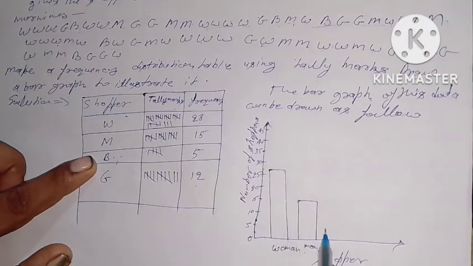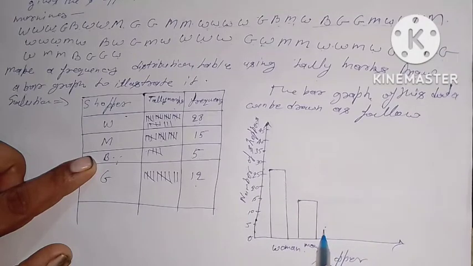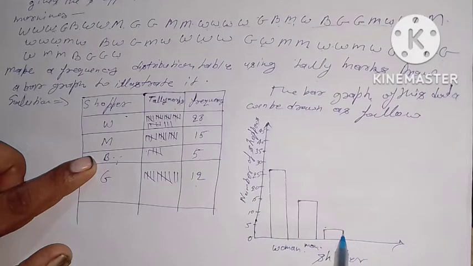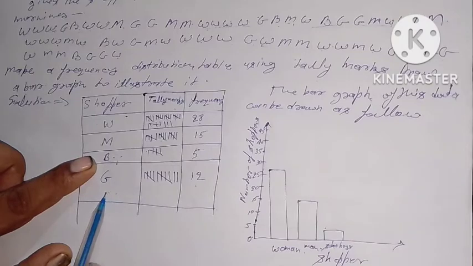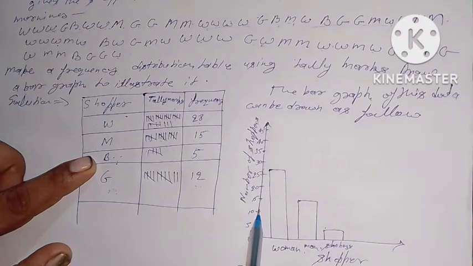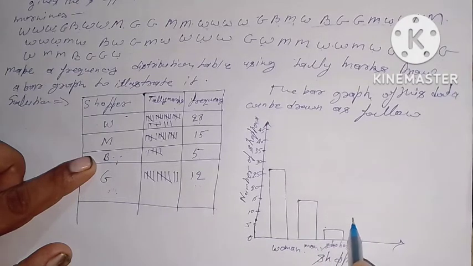The boys bar goes up to 5. Next is girls, 12 times. The bar graph of girls goes up to 12.